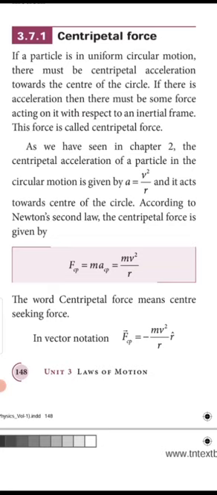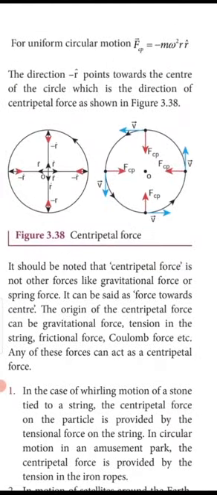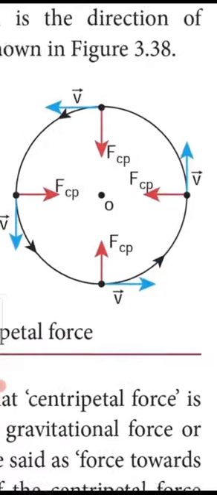In vector notation, F_cp is equal to minus m omega square r cap. The minus sign denotes the direction, pointing opposite to r, towards the center. Now see this diagram, and see the directions.